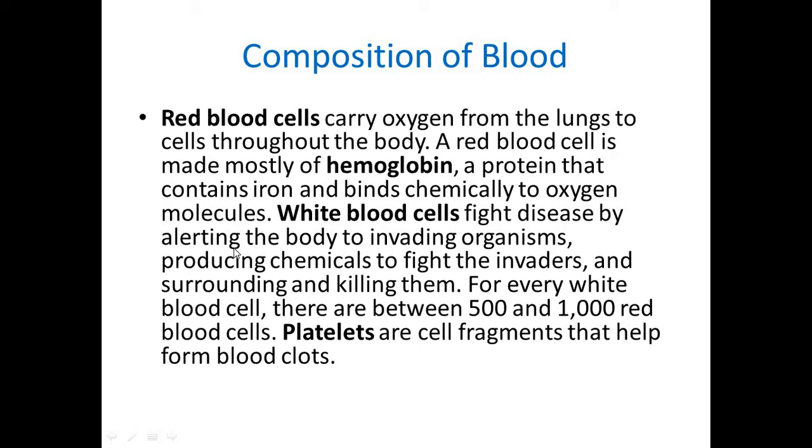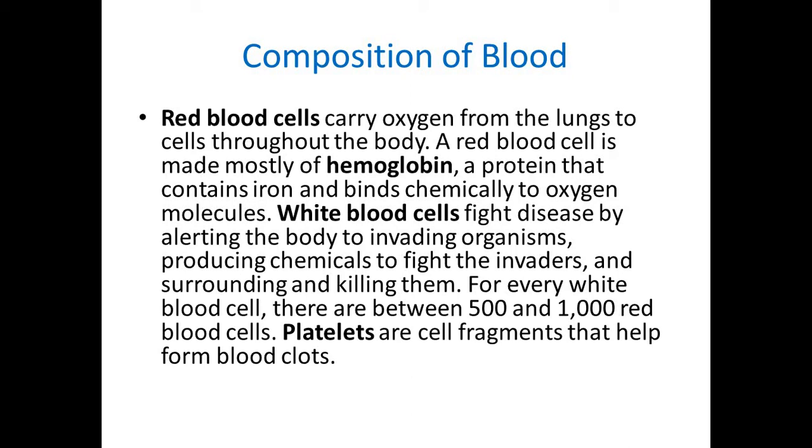This is the first type of white blood cells, alerting the body to an invading organism. This is the second type of white blood cell, producing chemicals to fight the invader, and this is the third type of white blood cell, surrounding and killing the organisms like bacteria and viruses.